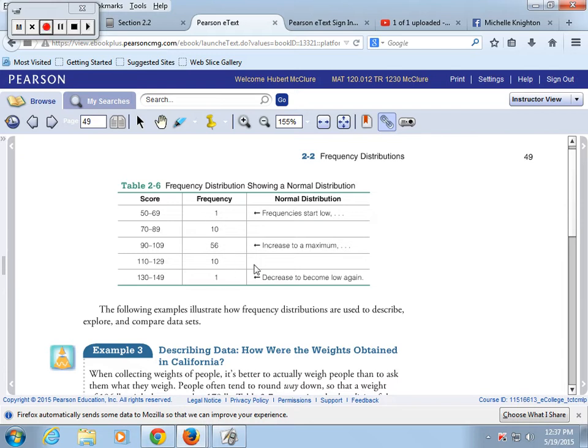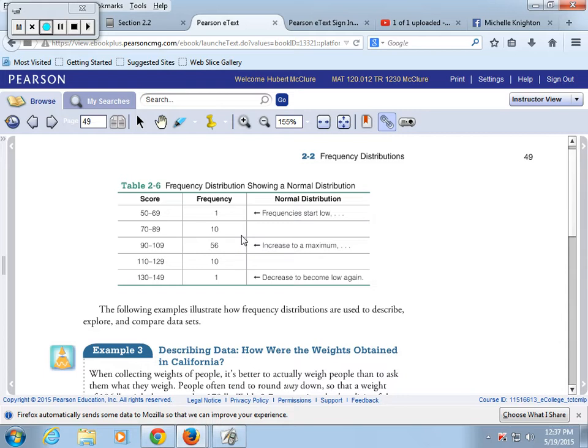Okay, this is a normal distribution. Go ahead and write this problem down. It's in your book, table 2.6 on page 49. If you blow it up a little bit, I don't think everybody can see it. Just draw this and this. That's all you need, just the first 2 columns.